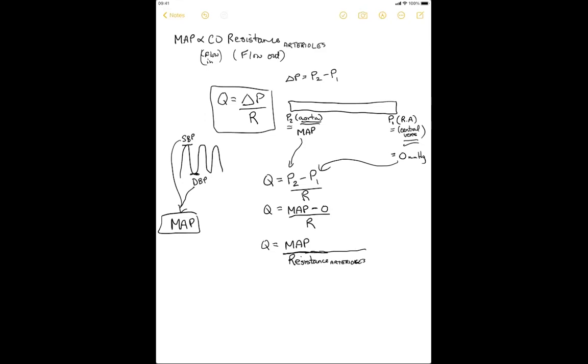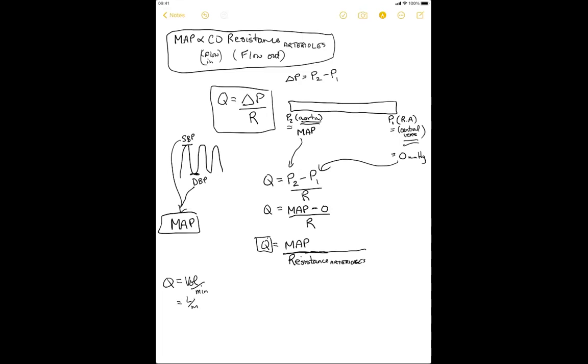So we're almost there. It might not be looking like the relationship at the very top yet, but it's almost there. So now we have to figure out what physiologic value we can put in for the flow. The flow of the blood, how much, the flow is just Q. Q is really just a volume of something per unit time. Usually it's per minute, so maybe liters per minute.